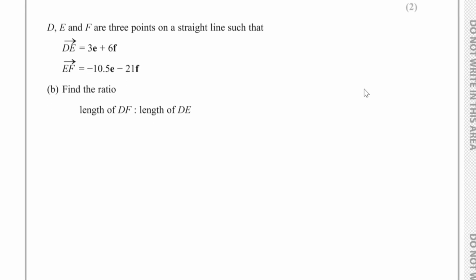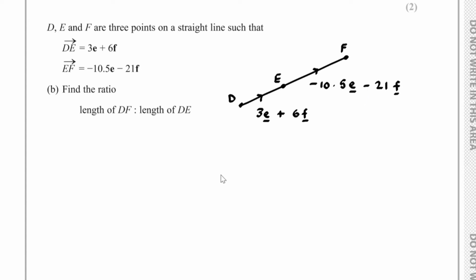Well, if we've got D, E and F on a straight line, then we've got here D, E and F. We know what DE is. That's 3e plus 6f. And we've got EF, which is minus 10.5e minus 21f.